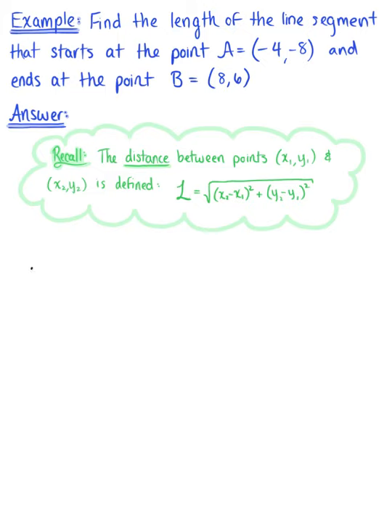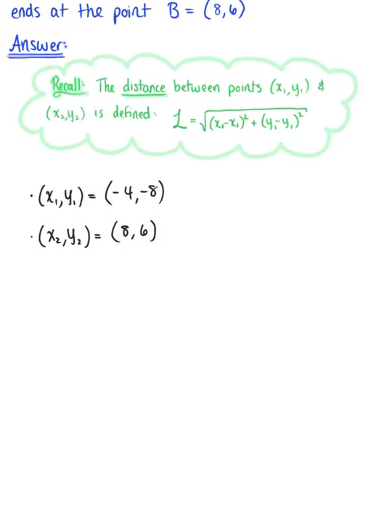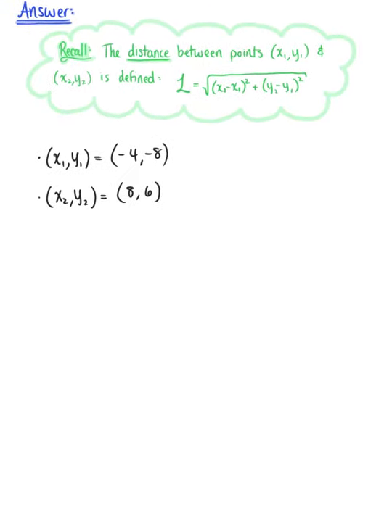So our first point, point A, we'll label this as x sub 1, y sub 1, has the coordinates -4, -8, and our end point, x sub 2, y sub 2, has the coordinates 8, 6. So we want to take these ordered pairs and plug them into our distance formula.